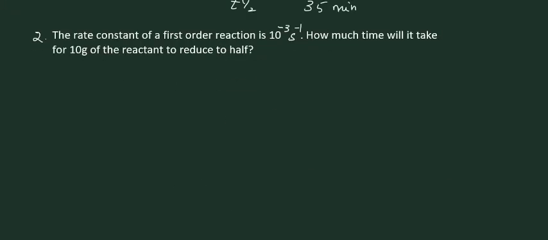The rate constant of a first order reaction is 10 raised to minus 3 second raised to minus 1. How much time will it take for 10 gram of the reactant to reduce to half? So in this problem, we have to find T half and the rate constant K is given. So for first order reaction, T half is equal to 0.693 by K1, and K1 is equal to 10 raised to minus 3 second raised to minus 1.